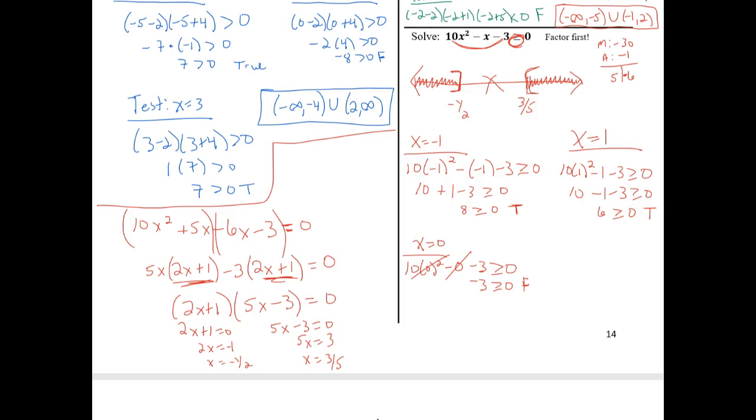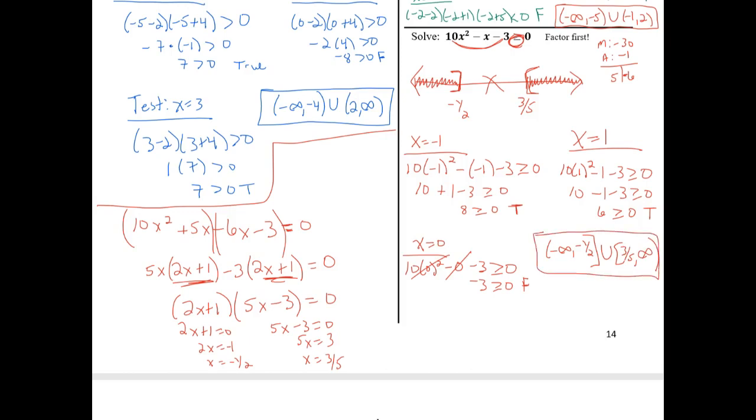If I wanted to write this in interval notation, I'd read my graph from left to right, starting at negative infinity, going up to negative 1/2, and including it, union from 3/5 up to infinity.